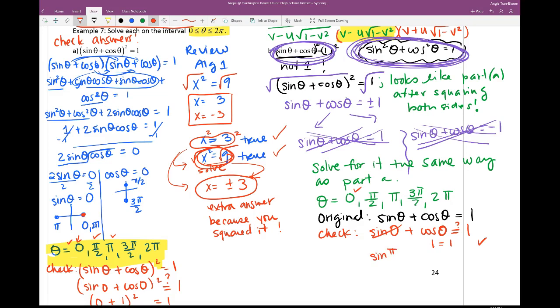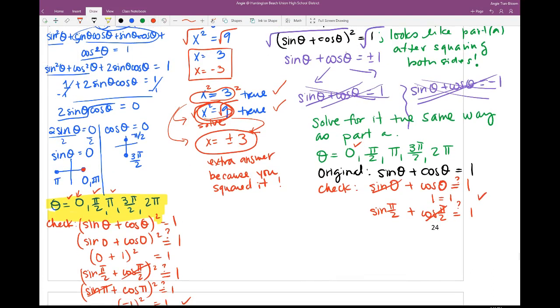Sine of pi over 2 is 1 plus cosine of pi over 2, which is 0, so that's okay. How about pi? Sine of pi is 0, so that's okay. Cosine of pi is negative 1. Negative 1 does not equal 1, so I can't keep that.